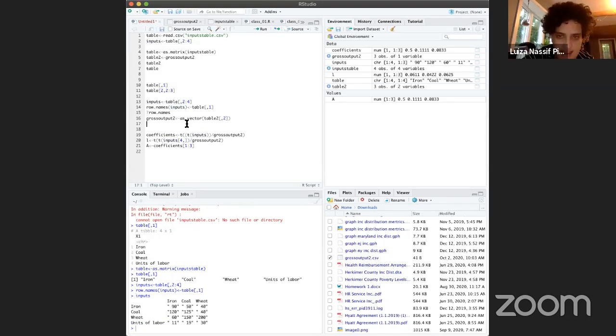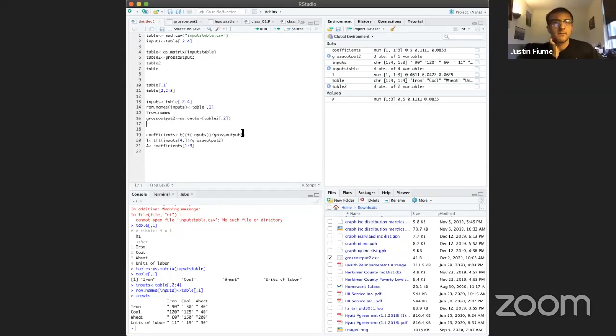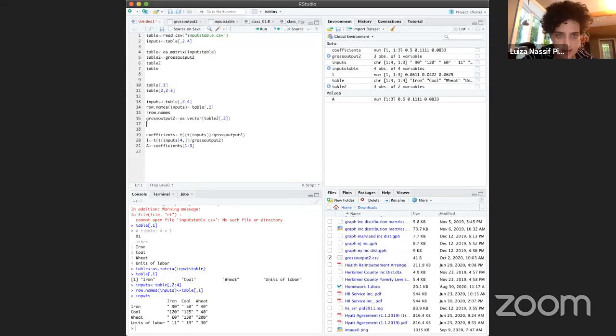So the type of object that you created was a weird one, not the type of object that accepts those types of commands. That's also why I'm not giving names to the rows on the gross output, because it's a vector. I would need to force it into a certain type of object that I do not want, because of line 19. It would create problems later on. So yes, there's a whole thing about what is what.